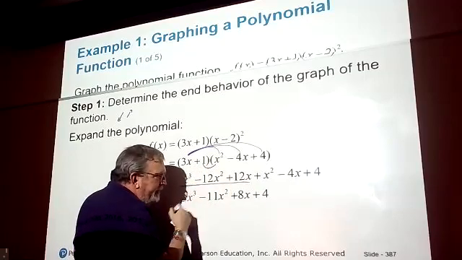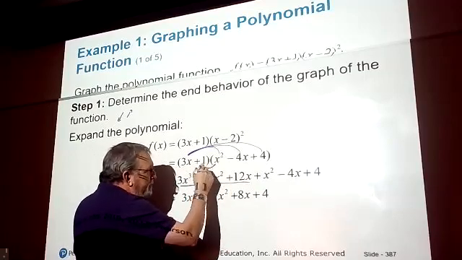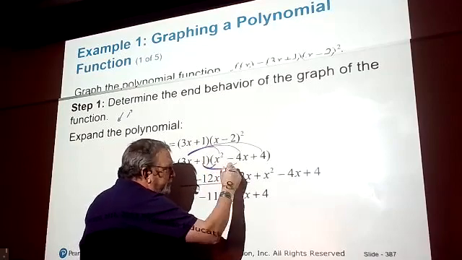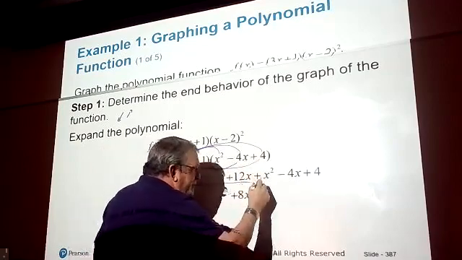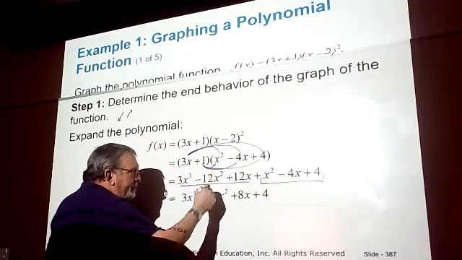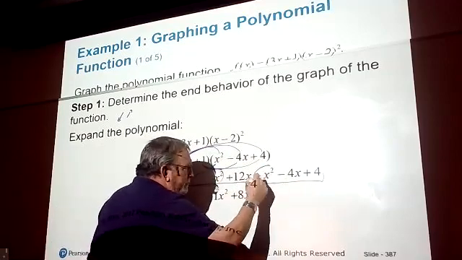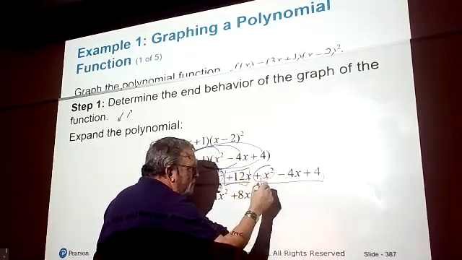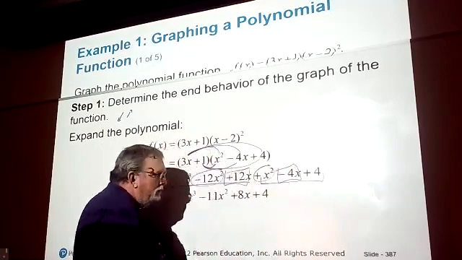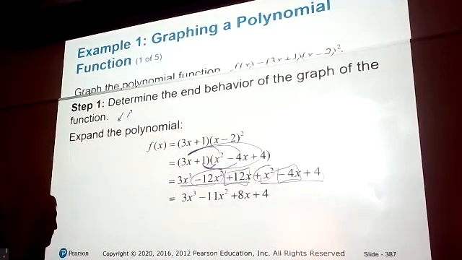So that's how they got these. And then 1 times x squared, 1 times a minus 4x, and 1 times 4. That's how they got these. And then they combined like terms. And that's how they got that down here.